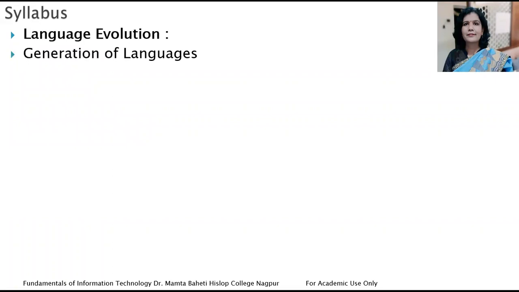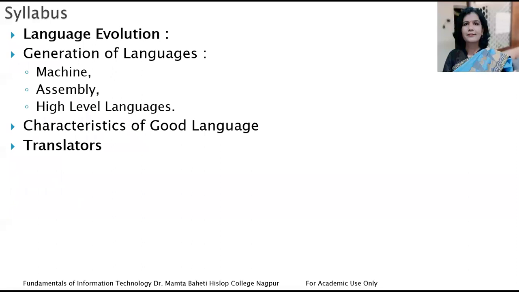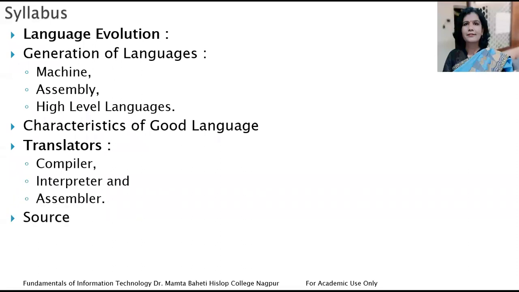Then we'll see language evolution, with generations of languages like machine language, assembly language, high level language. Then characteristics of a good language, translators, compiler. In translators, we have three categories: compiler, interpreter, and assembler. And what is source and object program. So this comprises unit 1.